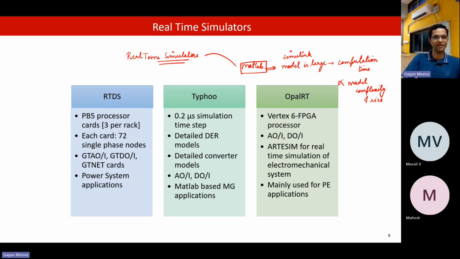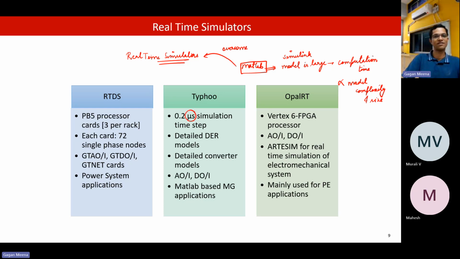But here we try to overcome that difficulty. Whatever may be the size of the system, these digital simulators will run it as per their clock speed, whatever their clock speed is. And the time step is microsecond.